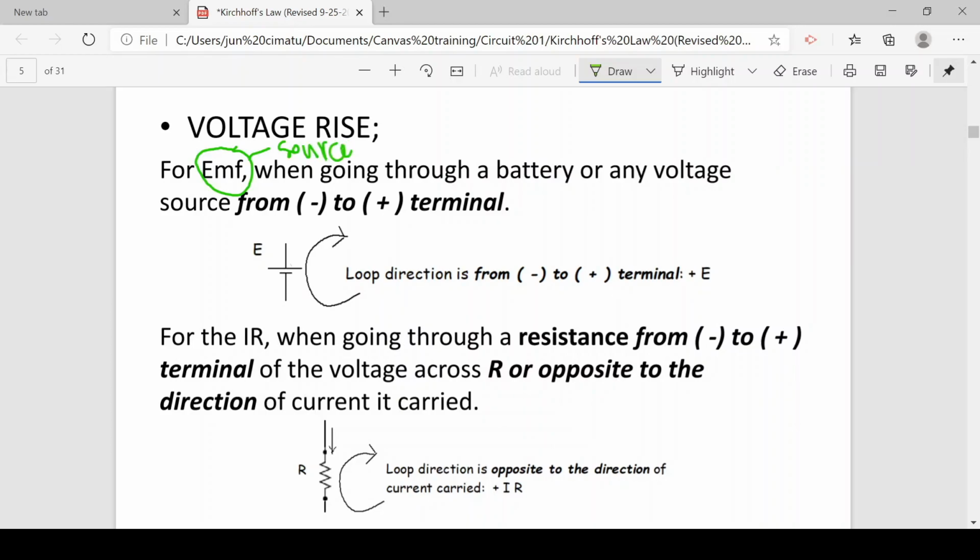It is positive when we go through a battery or any voltage source from the negative to the positive terminal of the source, meaning this is the loop direction. This is the loop.